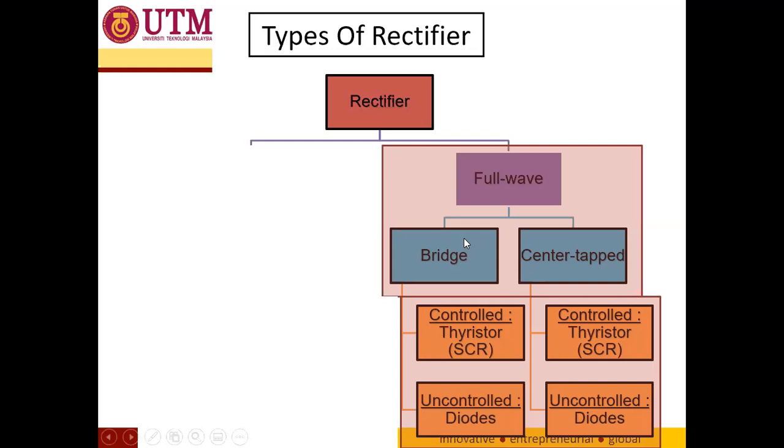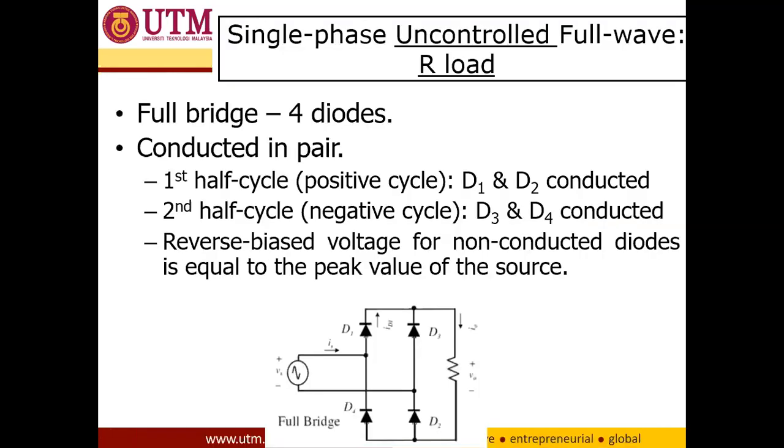While for the bridge, we don't have any protection. We don't use a transformer, so the connection of the load and source is a direct connection. Both circuits will also be discussed based on controlled and uncontrolled power devices.